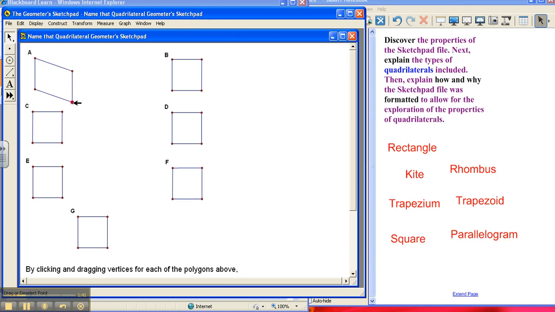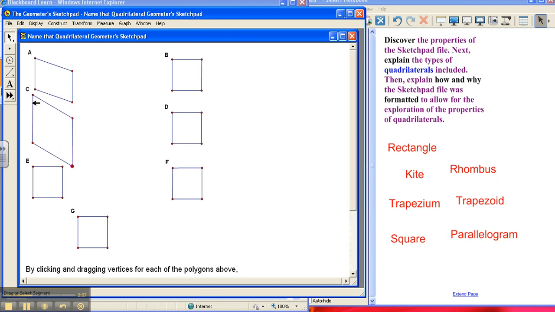Now it's important to unclick that point in A and let's go to C. We're going to click a point in C and see what happens. As I move this point, things are changing, but they're changing in a different way. What is the figure? Let's look at the list of figures.